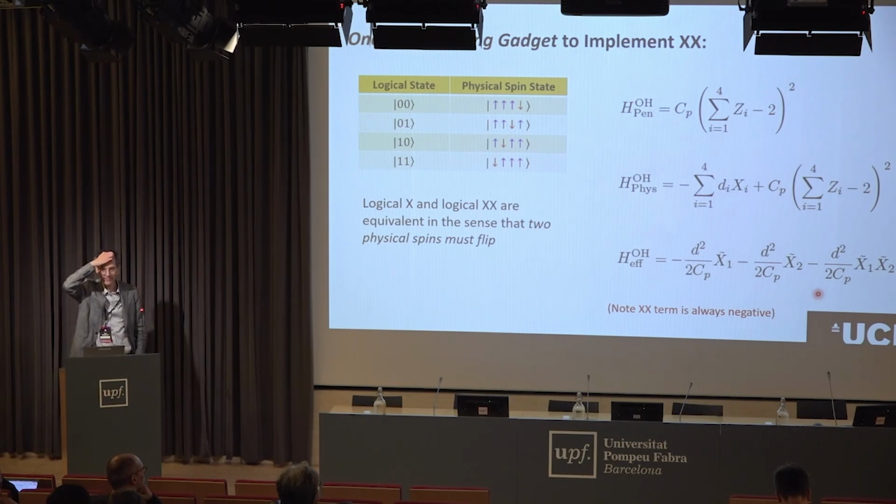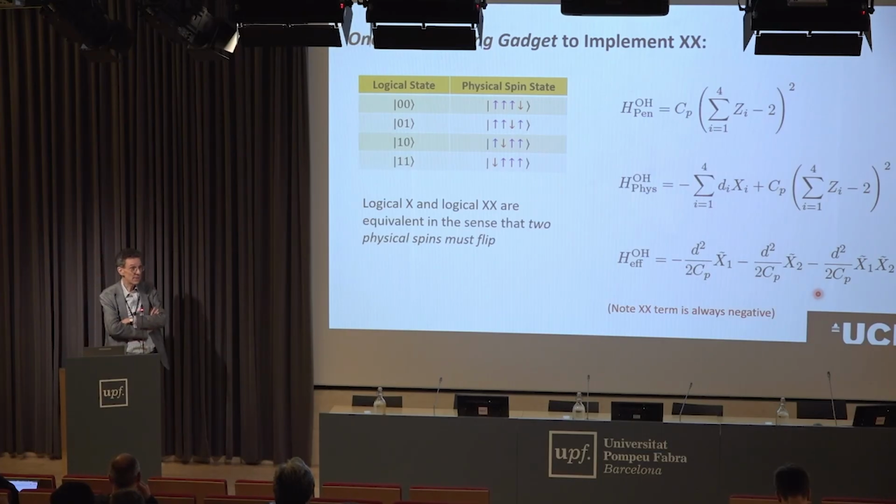So this one-hot encoding gadget, does it also work for implementing an arbitrary number of XX catalysts, or just one? Yes. So there are details in the paper of how you can extend this. Certainly in the paper, it's all in the context of the bipartite weighted maximum independence set, but it is, I believe, generalizable to multiple XX.